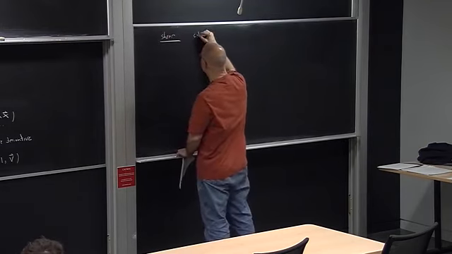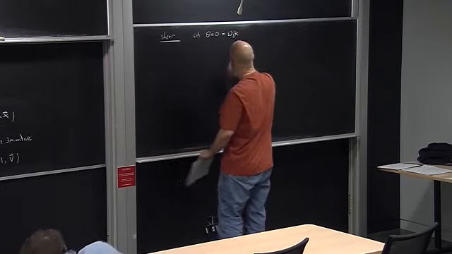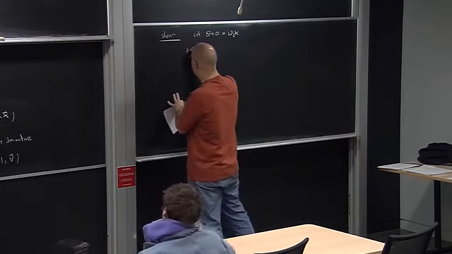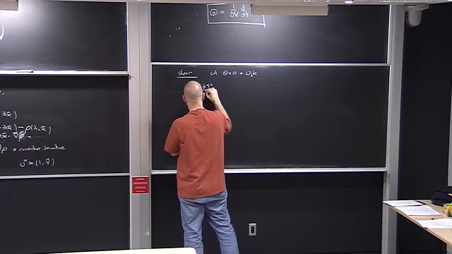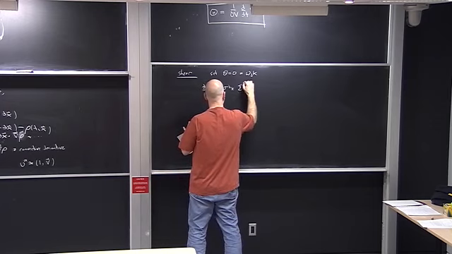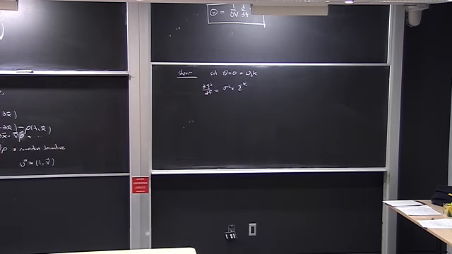So I'm going to set theta equals 0, and I'm going to set the rotation tensor to be equal to 0. And now the evolution equation for my deviation vector is just going to be given by the shear tensor. The shear tensor, we understand, is a symmetric trace-free tensor.